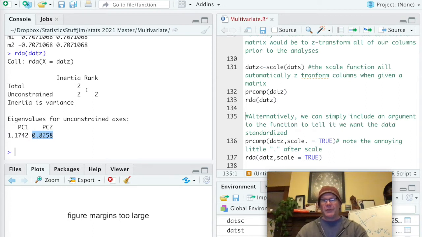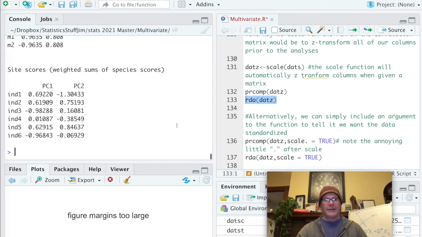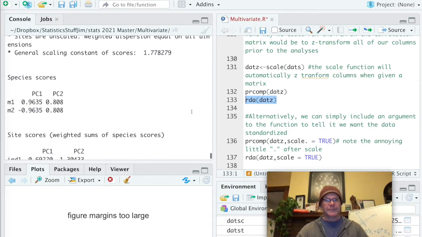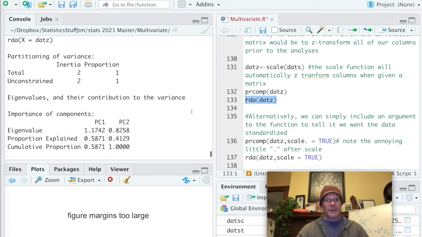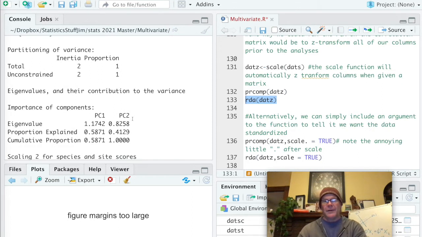Okay, so if we were to look at a summary of that, now the first axis is explaining 58% of the variation, and the second axis is explaining 41% of the variation. So our interpretation when we look at those plots is going to be a lot different.